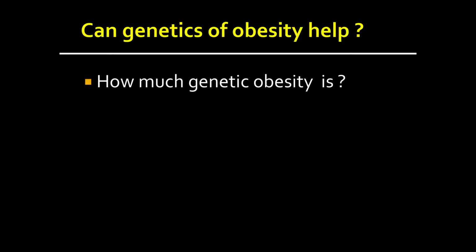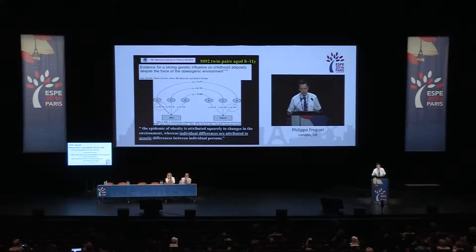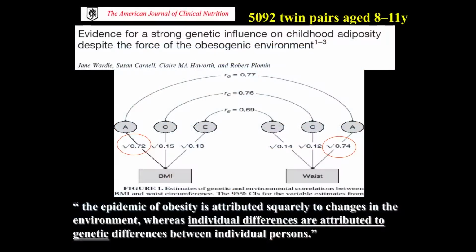First question is how much genetic obesity is. So back to twins, there is a study that I think was quite important from UK, from Jane Wardle. Jane analyzed 5,000 twin pairs, aged 8 to 11, and she found a very important heritability of BMI and waist, about 70–75%.